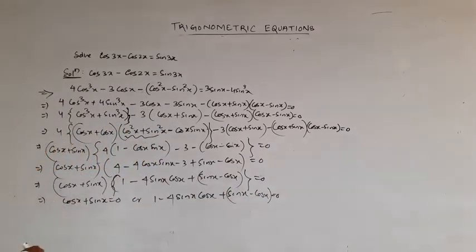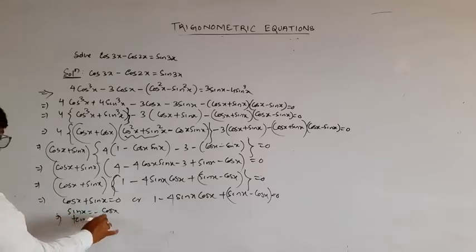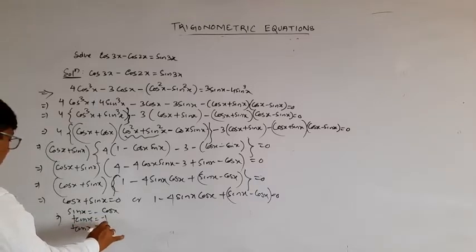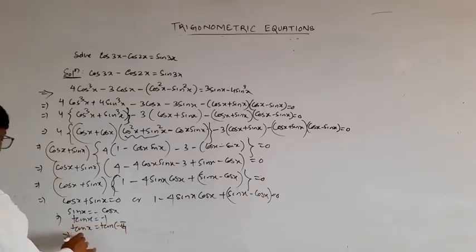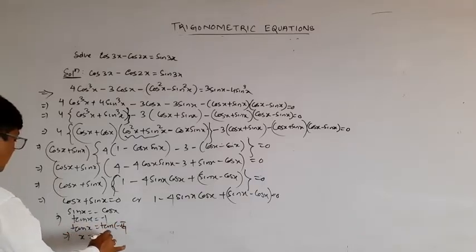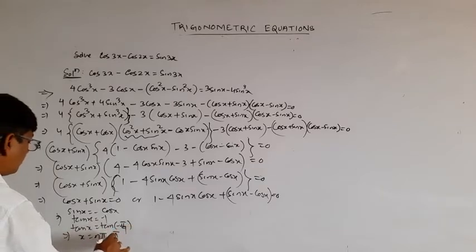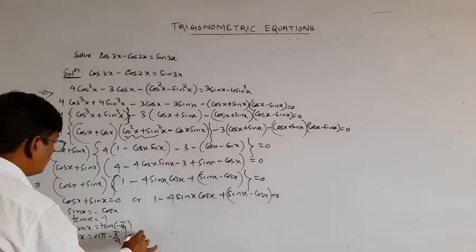Now for this, sin x is equal to minus cos x, divide by cos x, that is tan x is equal to minus 1. So tan x is equal to minus 1, that is x is equal to n pi minus pi by 4, n belongs to z.